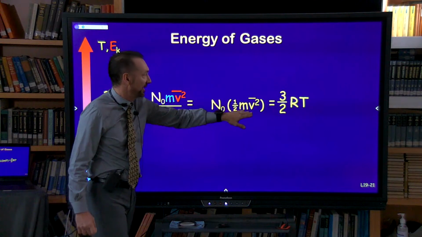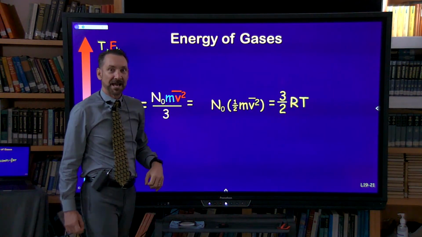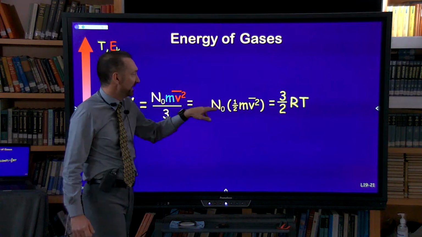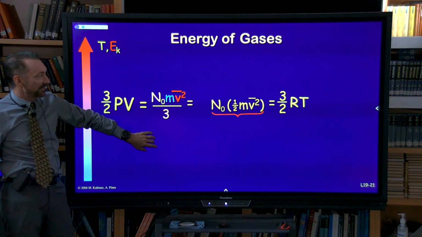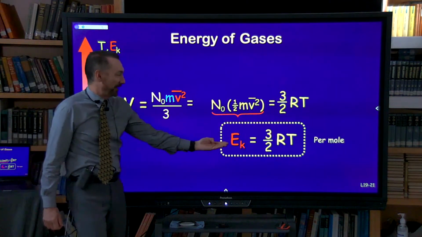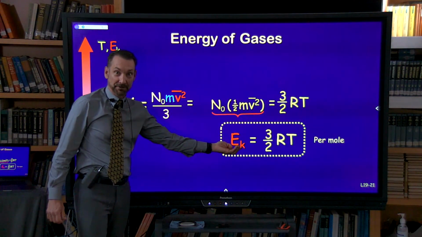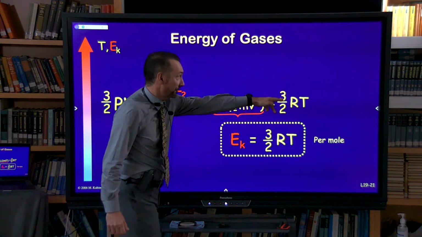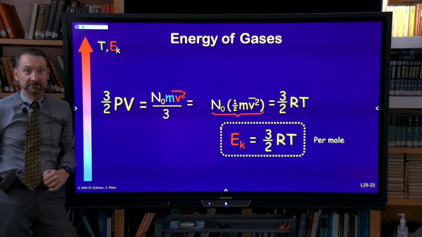This is the energy here per particle, the individual masses and the average speeds times a mole of particles. So that is, oh my God, that is the kinetic energy of the sample, a mole of particles, equals what we've been saying the whole time, 3/2 RT.